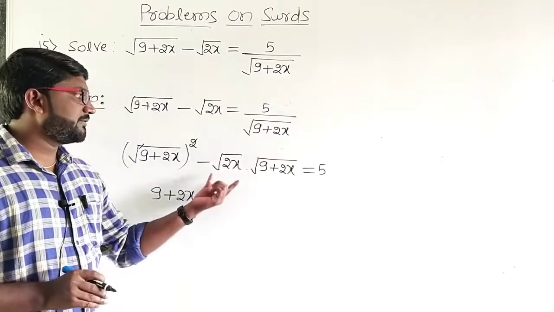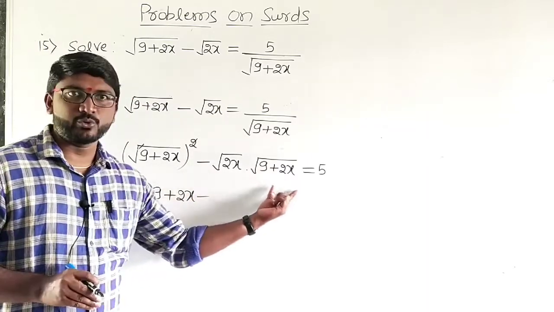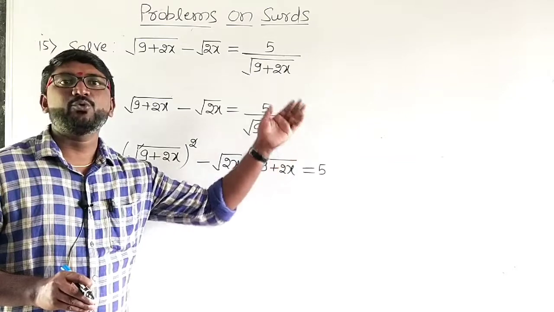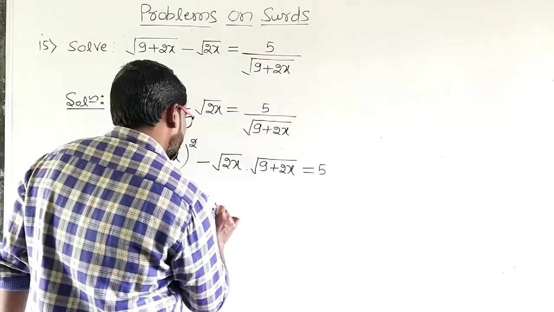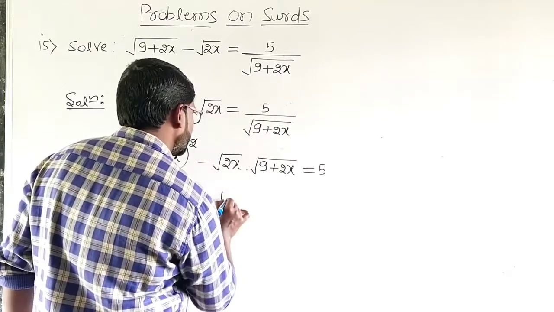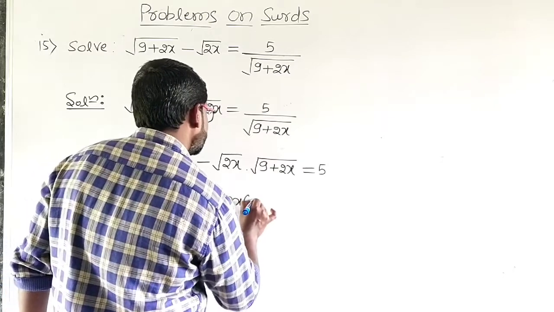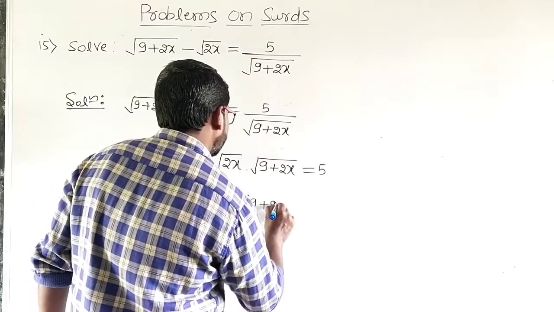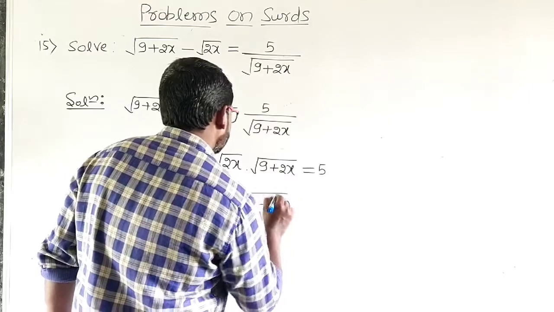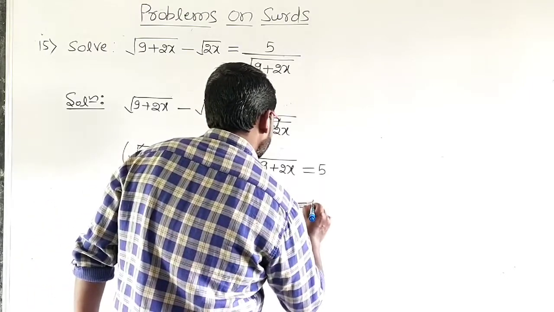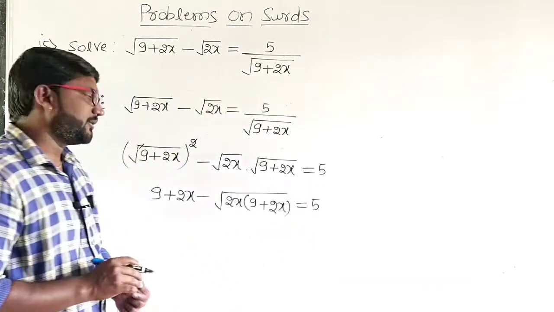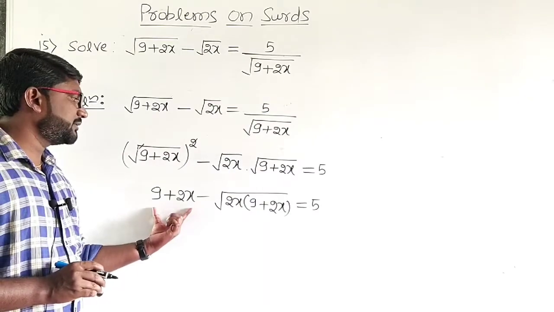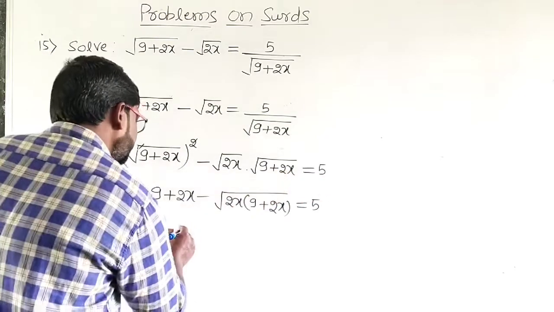So now this is in the form of root a into root b, which can be written as root ab. So square root of, I multiply these two terms, we get 2x times 9 plus 2x, which is equal to 5. So now I take these two terms to the RHS.